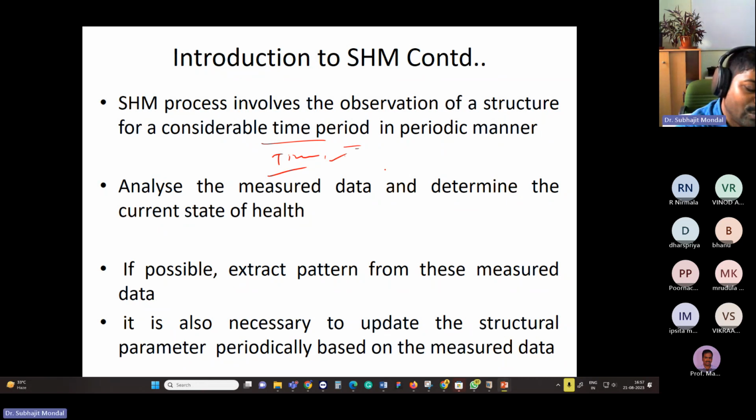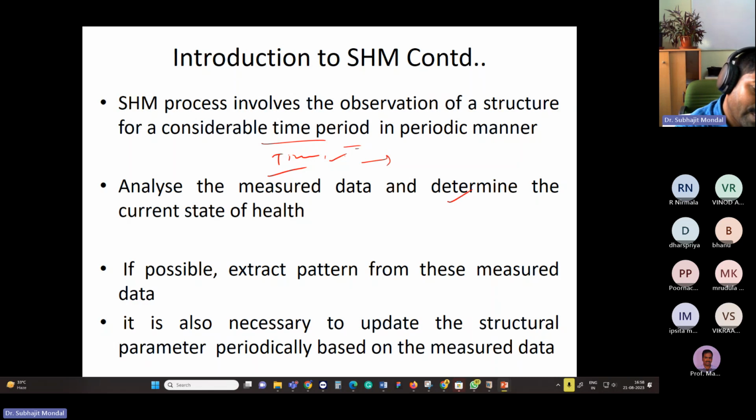Once we get the data, you have to identify the present status of the health of the structure: whether the structure is good enough to carry on, or you have to go for some retrofitting or rehabilitation.